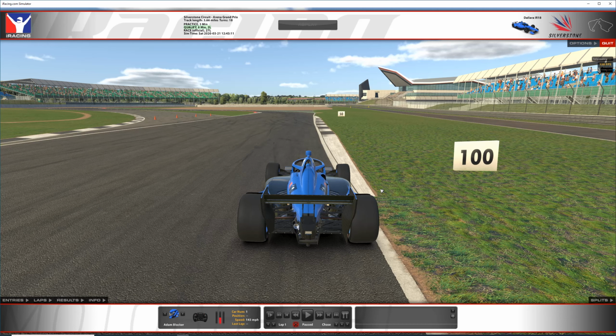So then the thing I have to say is, from a setup perspective, you always want to look at the corner from entry to exit, because everything that happens early in a corner affects everything after it. So if I have a little bit of understeer on turn in and I miss an apex, and then I have not enough rotation at the apex, and then I need to do more rotation on the exit, so I have more steering lock in when I'm applying the throttle and I spin or something.